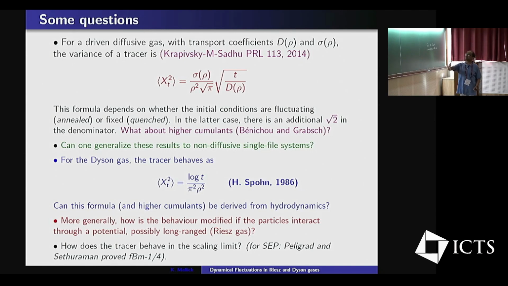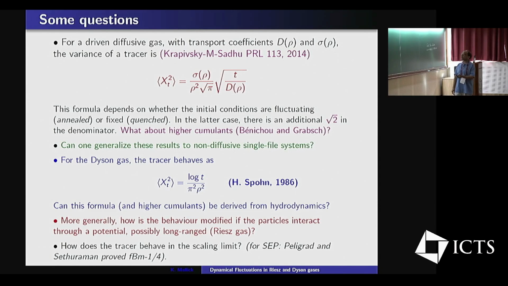And there are some nice features in this formula, some memories of the initial conditions, and so on. Higher cumulants have been computed, the 4th cumulant, very recently by Bénichou and Grabsch, again doing perturbation theory, and it's still open to know whether the full series, the full generating function, can be understood.